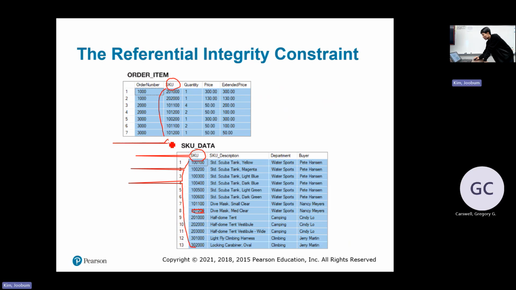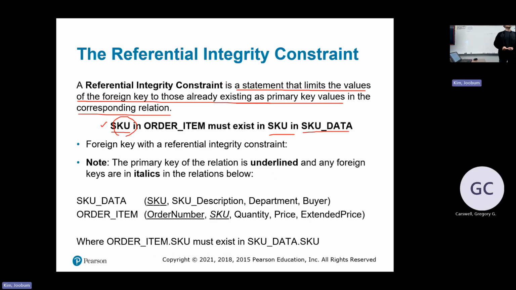Maybe if you create 400, 100, it should also exist there. But if not, it violates the referential integrity constraint. So the values of the foreign key should exist in the primary key. That is the referential integrity constraint.